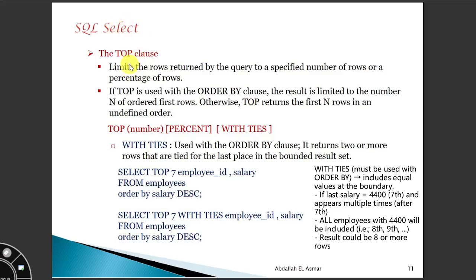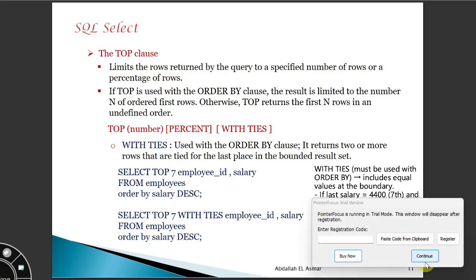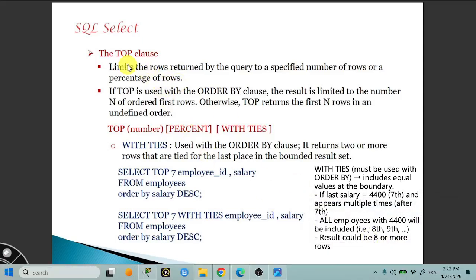The TOP clause limits the rows returned by the query to a specified number of rows or a percentage of rows. So if I say top 10, it means the query will only list the top 10 rows from the table. Top 5, the first 5 from the table. Okay?